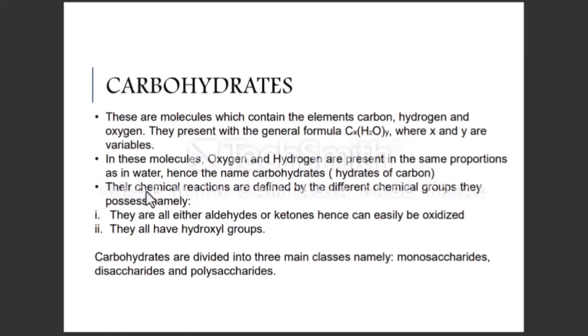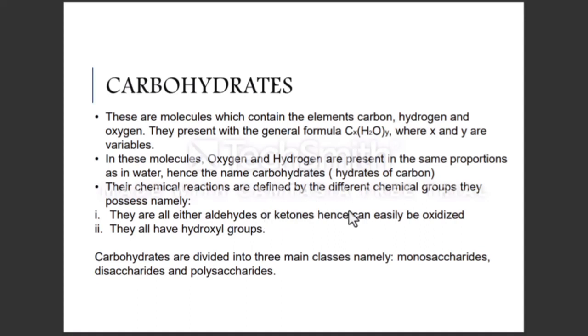Their chemical reactions. So you have to know that the chemical reactions are defined by the different chemical groups that they possess. Okay, so some of them have the aldehyde functional group, whereas some of them have the ketone functional group. So these, for example, can take part in some particular reactions. For example, carbohydrates that have the aldehyde functional group can enter some particular reactions that carbohydrates with the keto functional group cannot enter into.